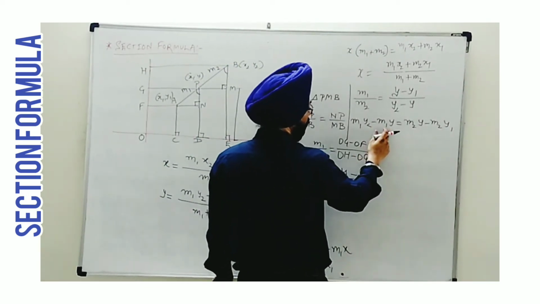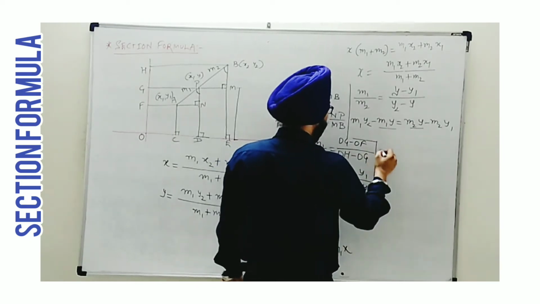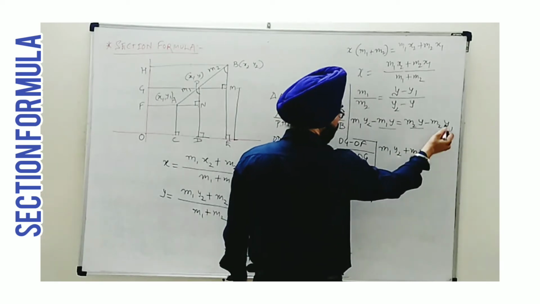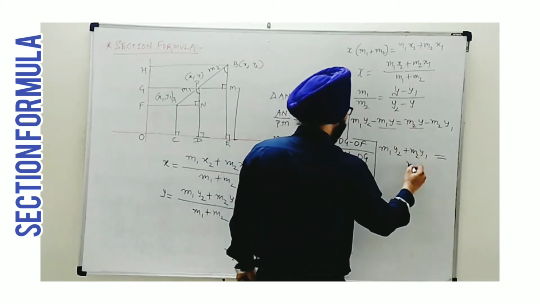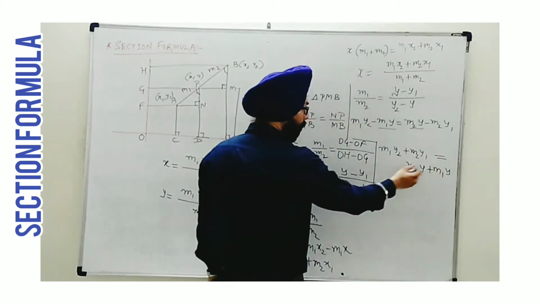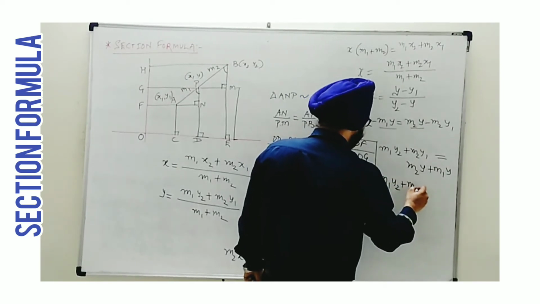We will club the like terms of Y. So we get M1Y2 plus M2Y1, this second term shifted to the left hand side, equal to M2Y plus M1Y. And from this we can take Y common. We have M1Y2 plus M2Y1 equal to Y times M1 plus M2.